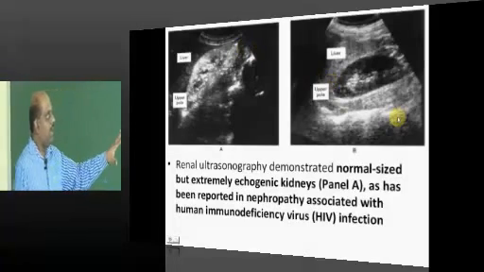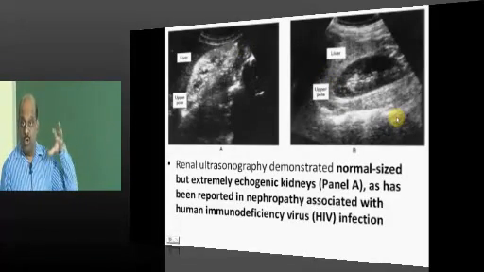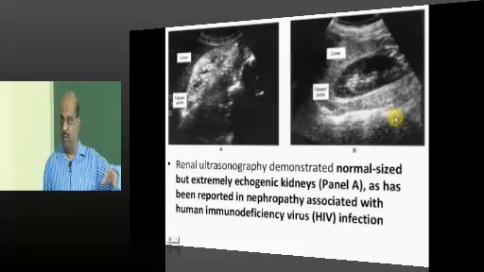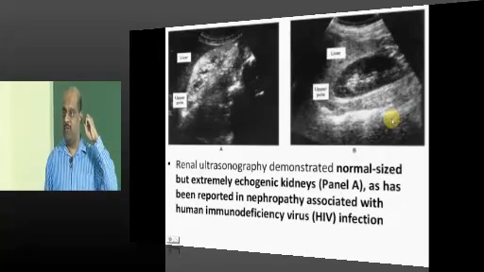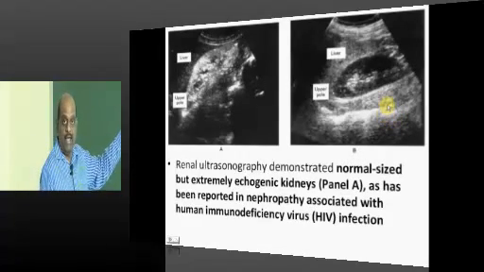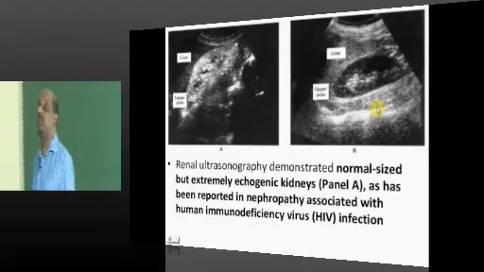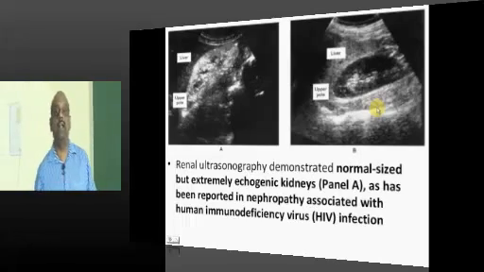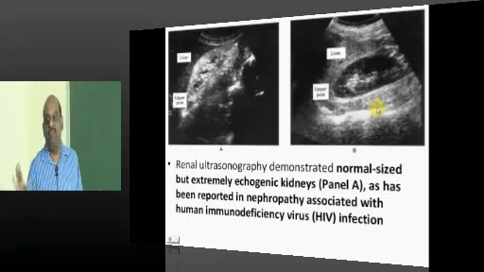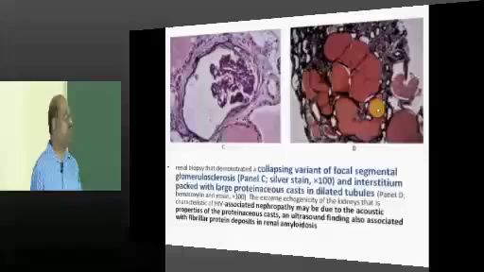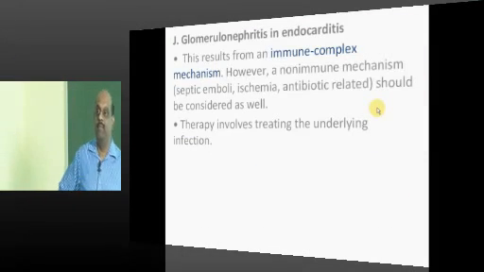And if you do an ultrasound, these colloid filled dilated tubules of a collapsing FSGS of HIV nephropathy present as hyperechogenic kidneys. If you know this much at MBBS level, the examiner will get a heart attack. At least FSGS, HIV. If you know that, I am very happy.